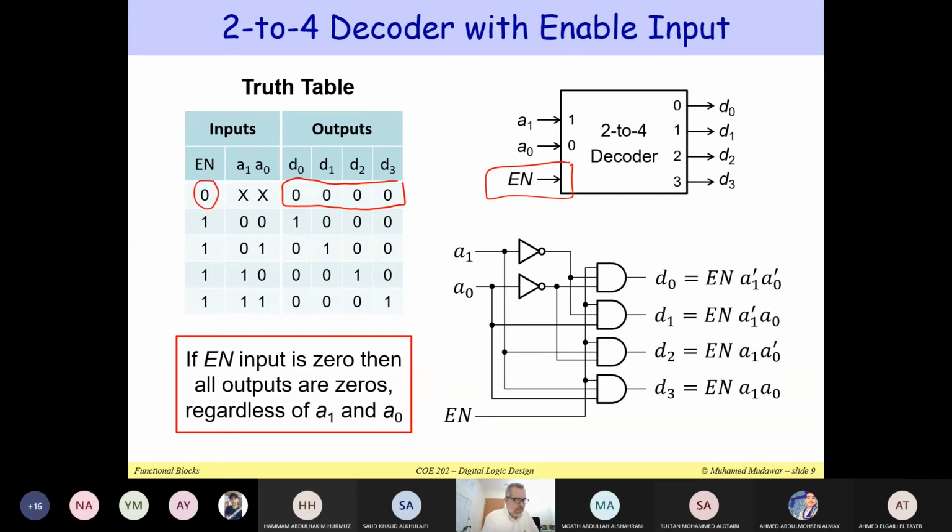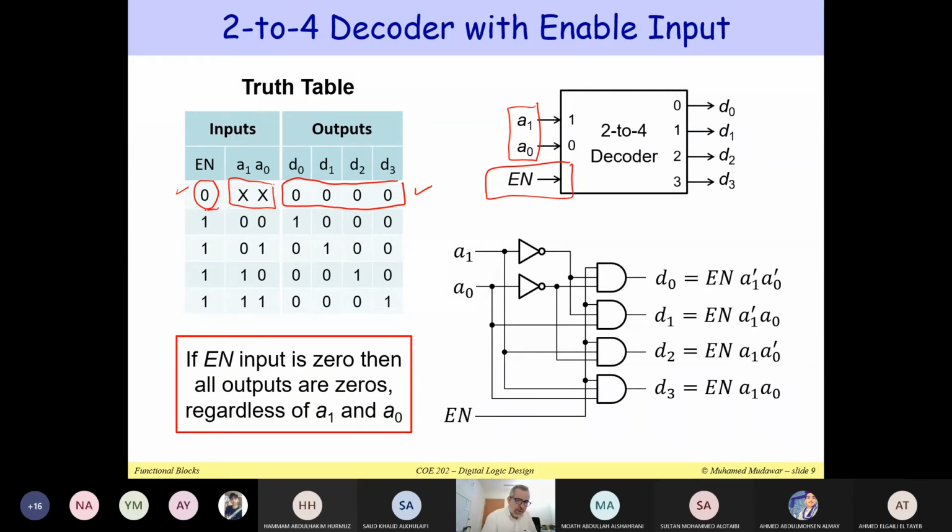So if enable equals 0, I don't even care about the inputs A1 and A0. So I put here don't care in the inputs. It does not really matter what my input A1 and A0 are. It could be 0 0, 0 1, 1 0, 1 1. All the outputs will be zeros, because enable equals 0. Enable equal to 0 means that the decoder is disabled, and therefore all the outputs are zeros.